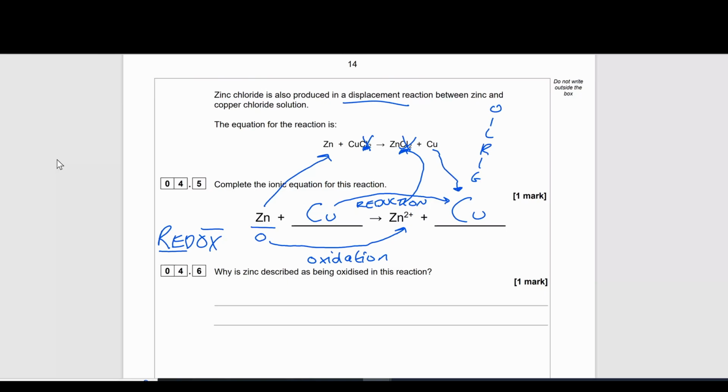We have to change this somehow. So if 2 electrons have been lost from zinc, that must mean that 2 electrons are being gained by copper. So we would need to put a 2+ next to copper.